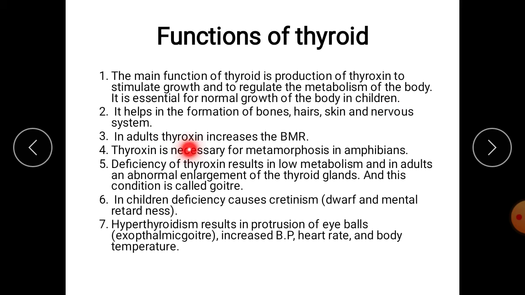In adults, thyroxine increases the BMR, basal metabolic rate. If thyroxine is not secreted in a proper amount, the BMR comes down. As basal metabolic rate increases, intake of food is also increasing. So BMR is responsible for production of energy.